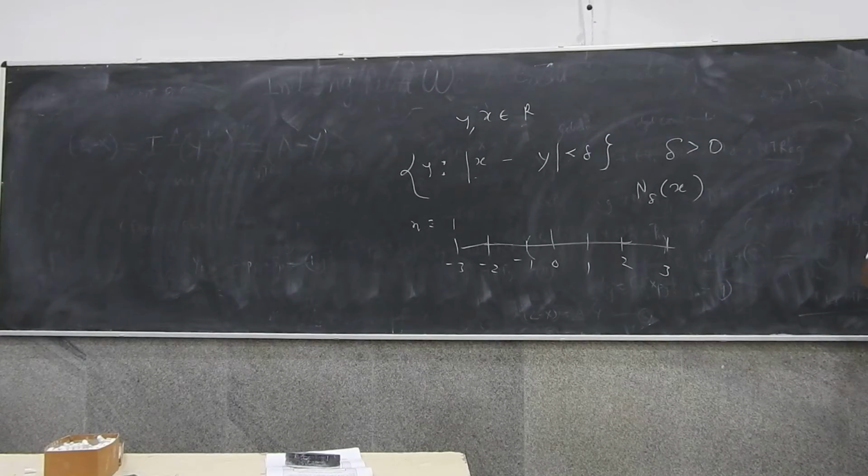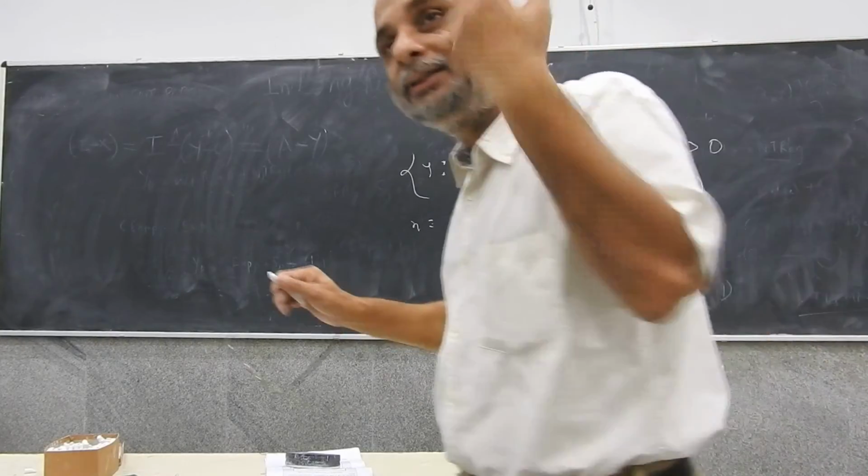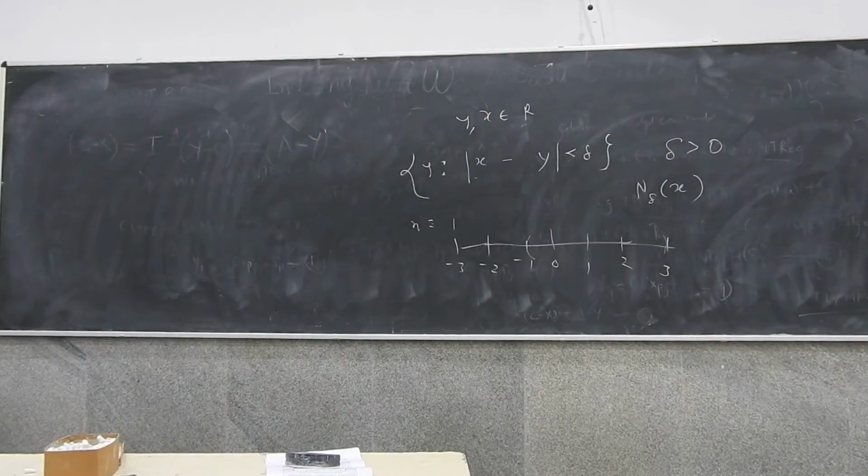The set of all points which are at a distance less than delta from x is called the delta neighborhood of x. Right? Okay?